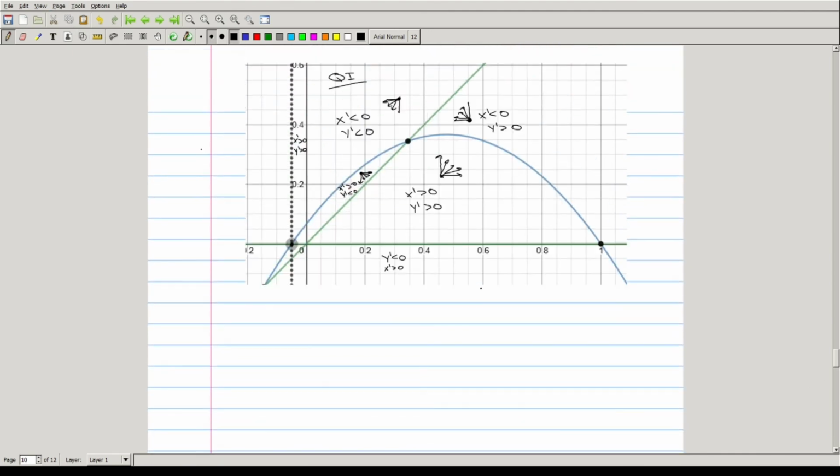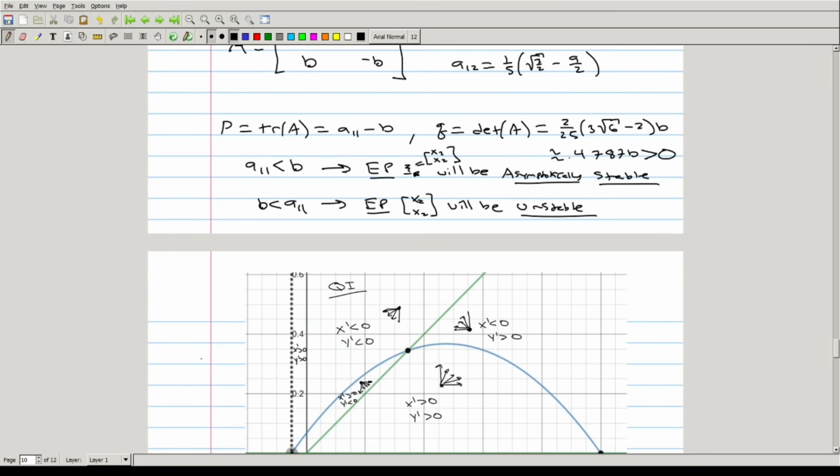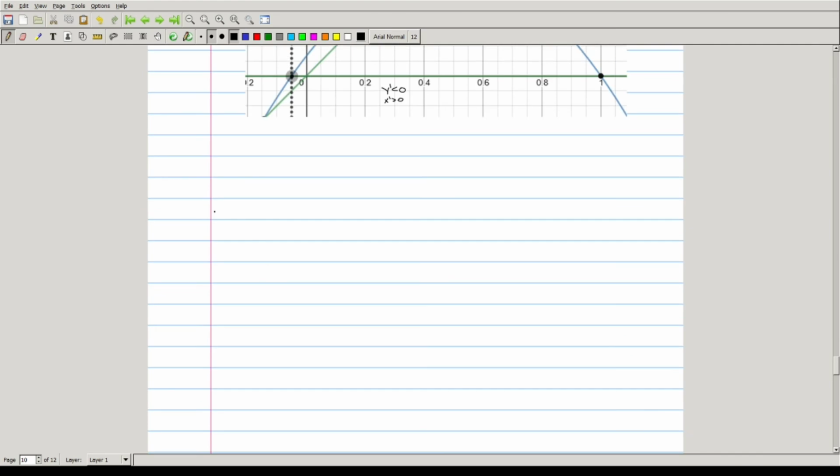So let's go through and look at the solutions. We'll look at the specific solution for b equal to 0.3, which means that it's greater than A11.